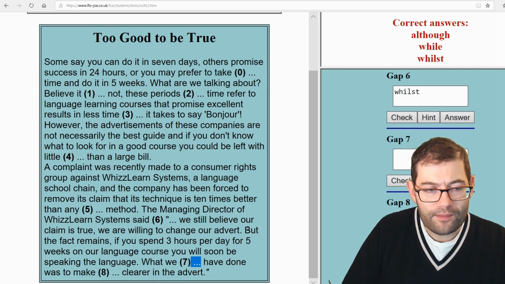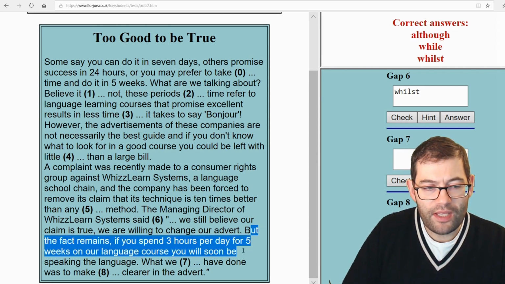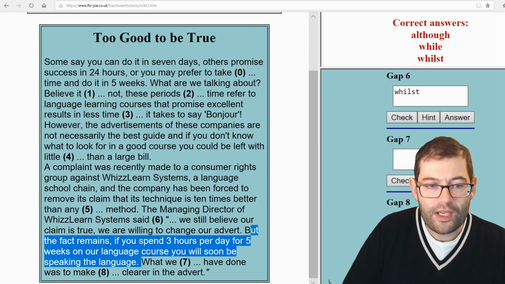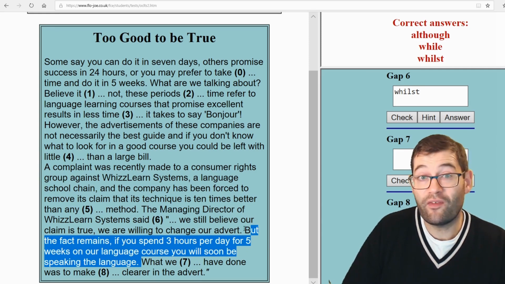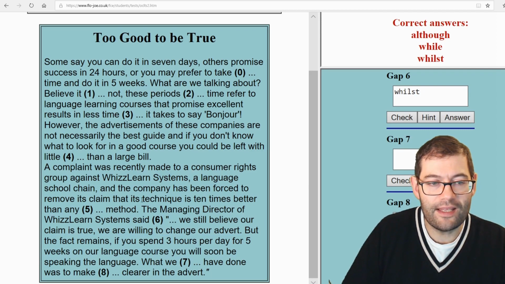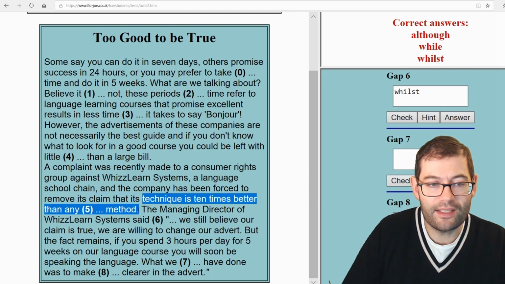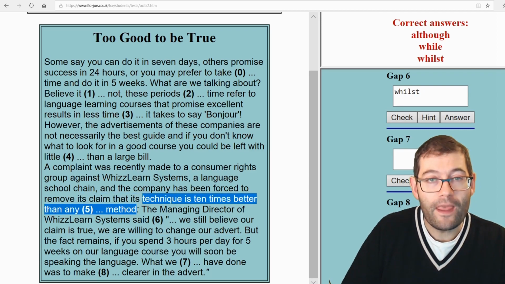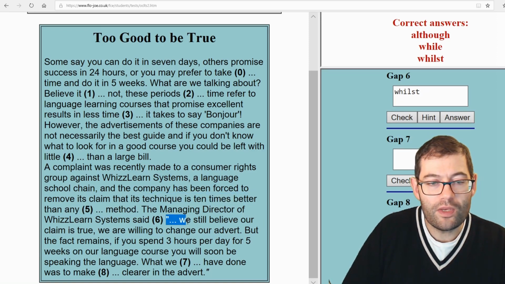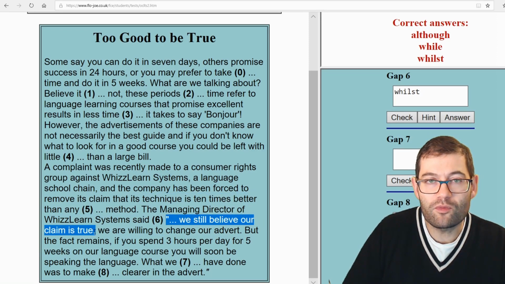But the fact remains, if you spend 3 hours per day for 5 weeks on our language course, you will soon be speaking the language. Now, the reason why they're saying this is because they're defending their claim. And their claim is that their technique is 10 times better than any other method. And they're defending their claim because, if you go back to number 6, they say we still believe our claim to be true.